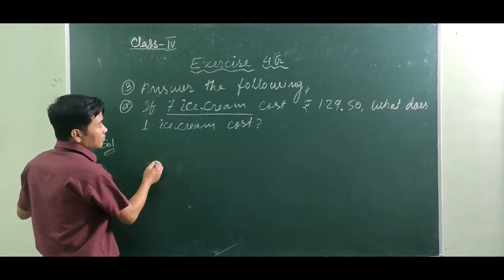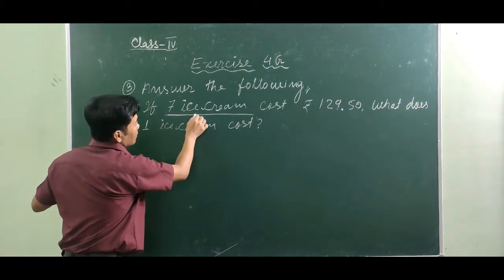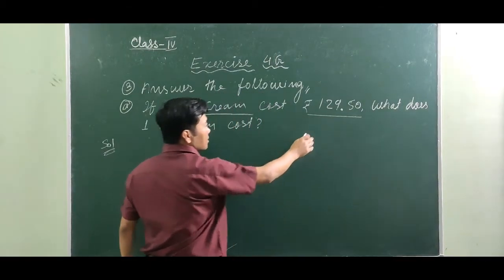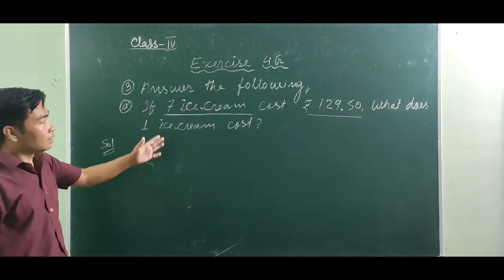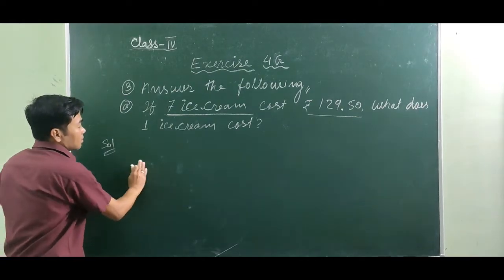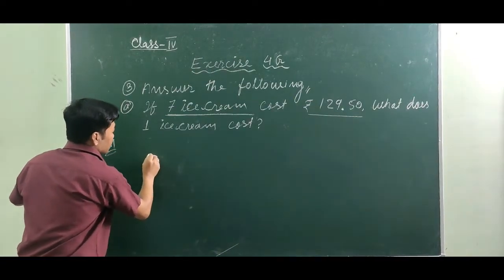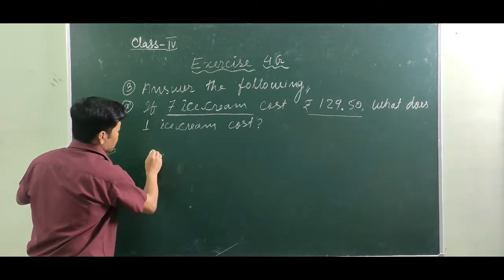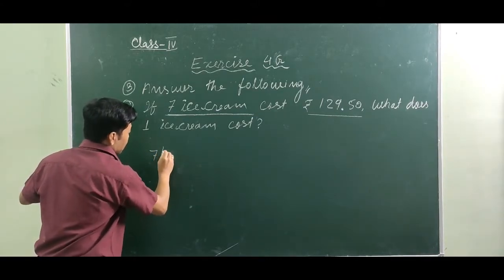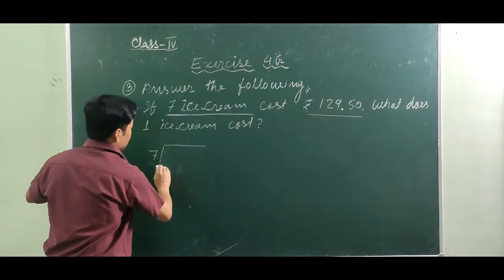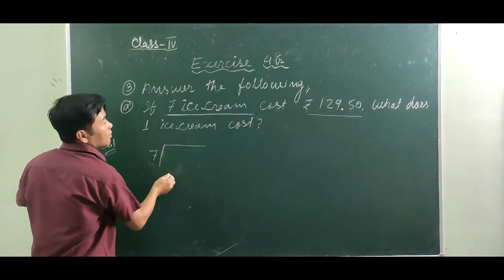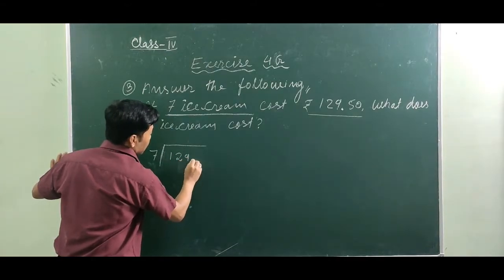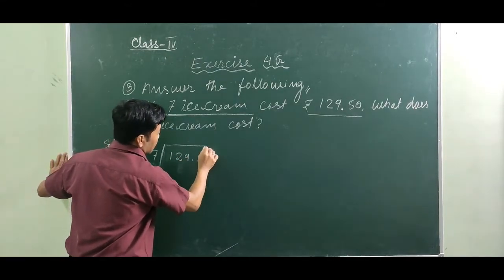7 is our divisor and the total price, the amount, is the dividend. Let's write like this. 7 divides 129.50.